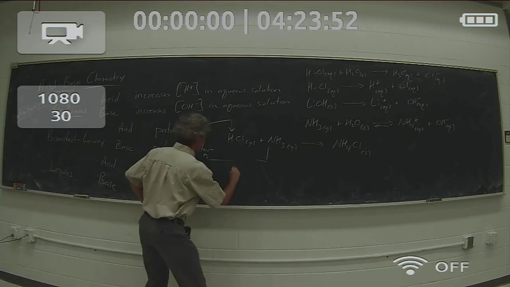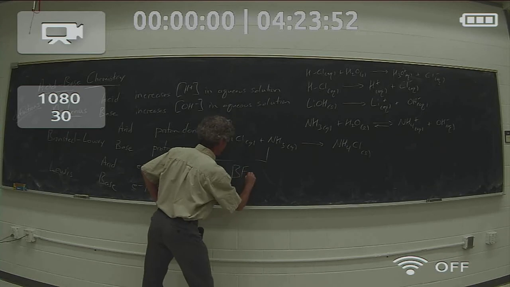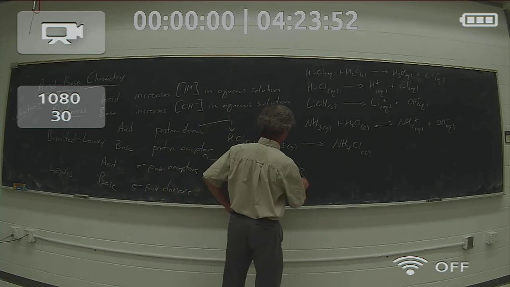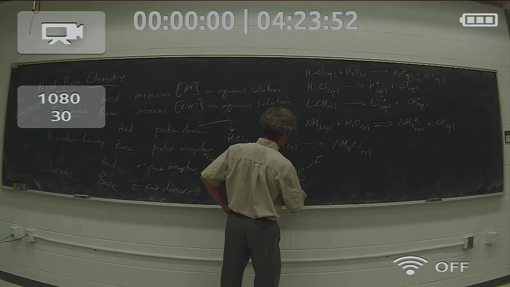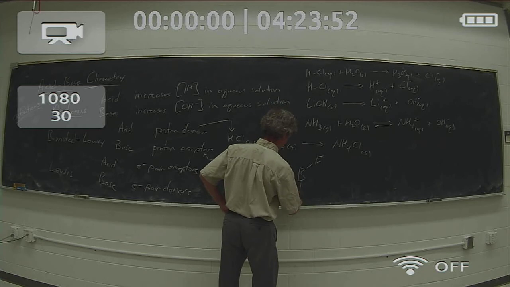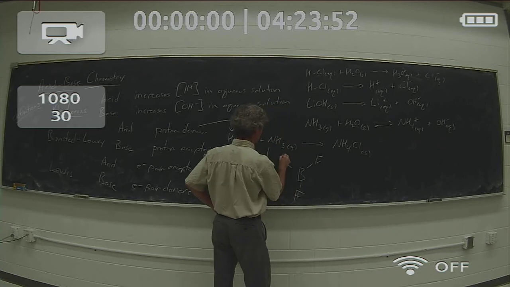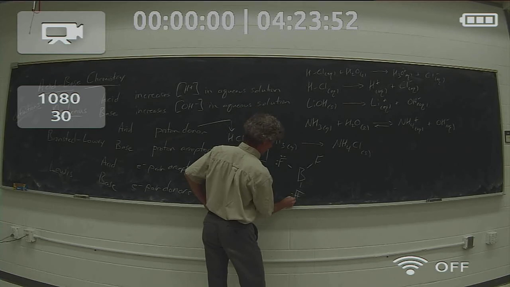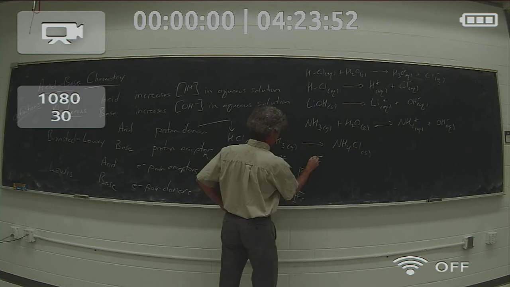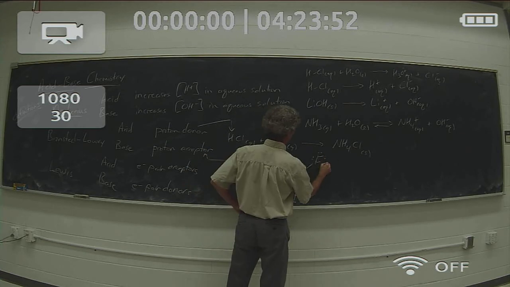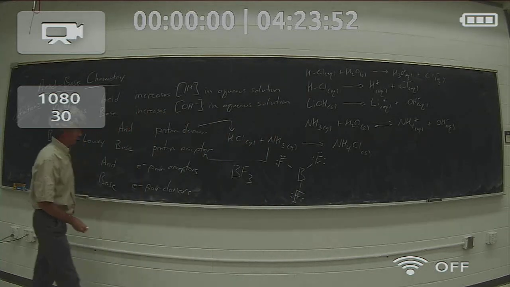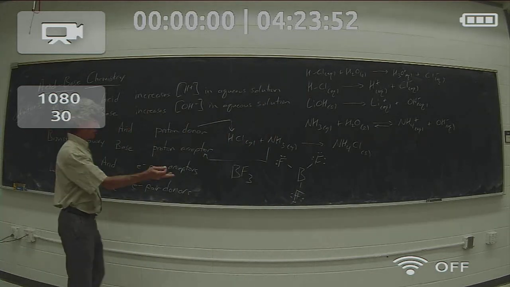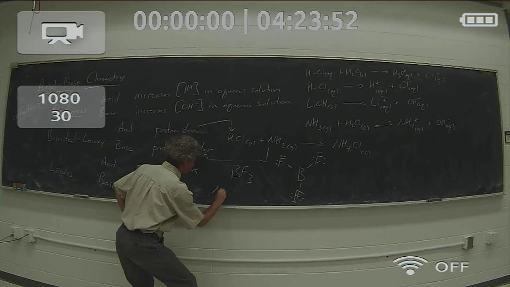BF3 is an example, boron trifluoride, which we saw earlier in the course as a Lewis structure that is electron deficient at boron. Boron atom can thus act to accept a pair of electrons from some other material, ammonia, for example.